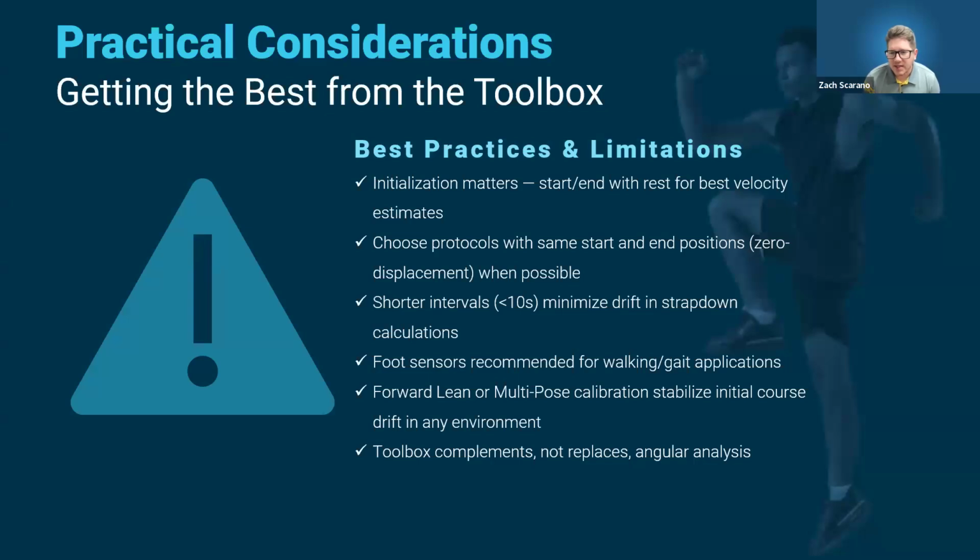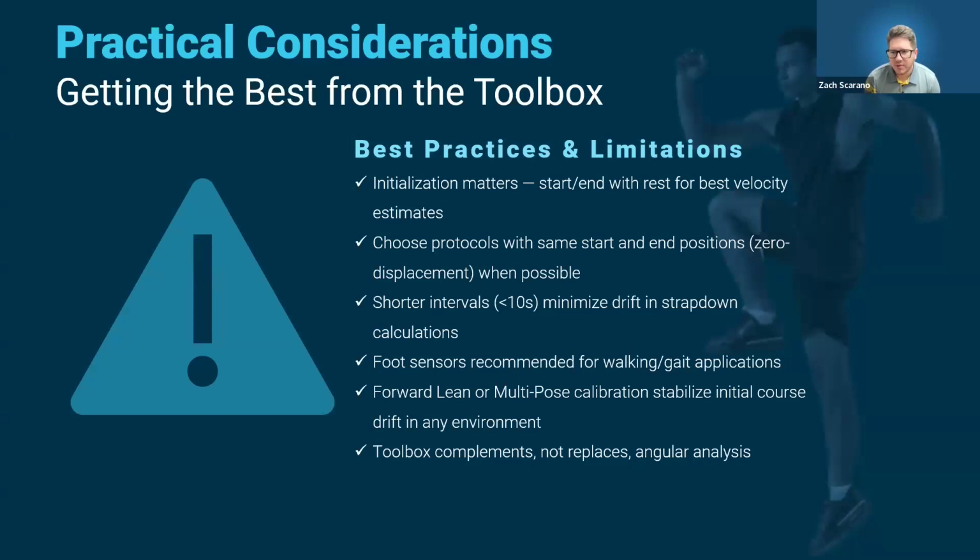Now, for the gait and walking tests, we definitely recommend using the foot sensors as they provide the most reliable center of mass estimation, versus the single segment translational data that you would get from the simple strap-down integration method.